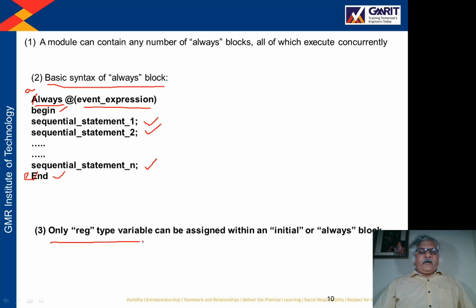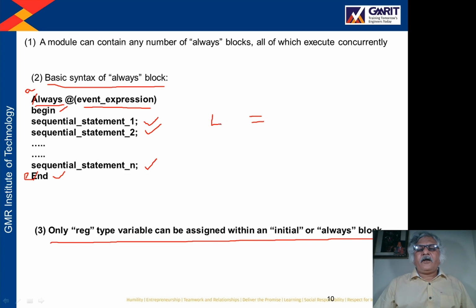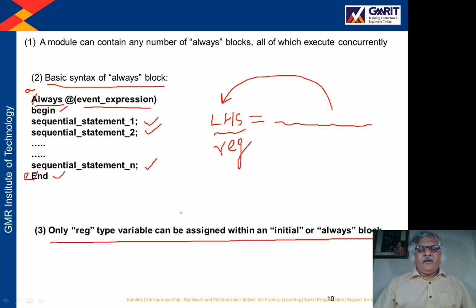Only reg type variables can be assigned within an initial block or always block. We already discussed this. Suppose this is the equal to symbol, here it is the left hand side. Whatever value is evaluated at the right hand side will be assigned to the left hand side, and this left hand side must be a register type.